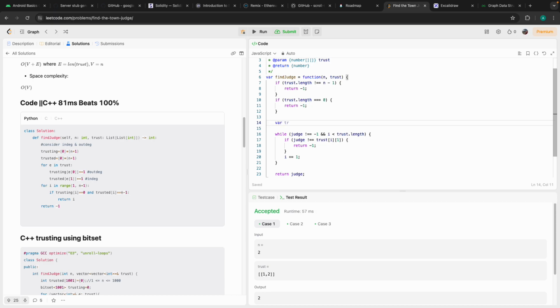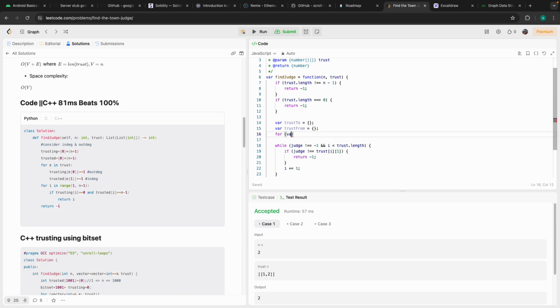var trust2, var trust from, and fill it in.